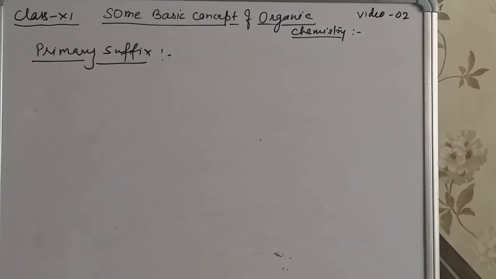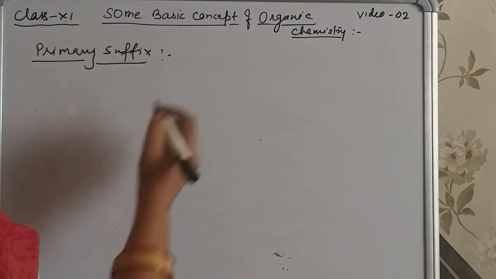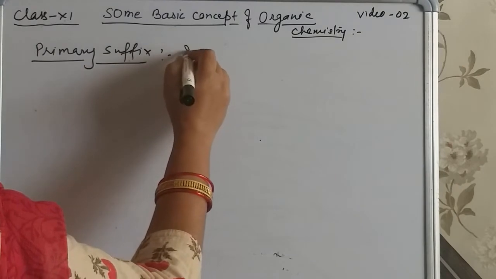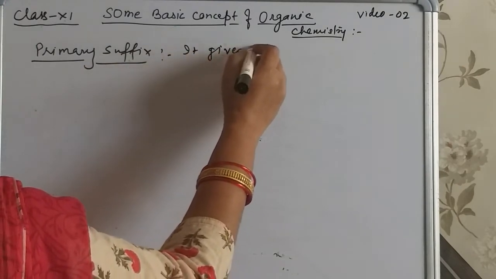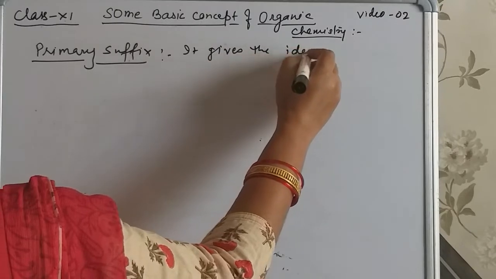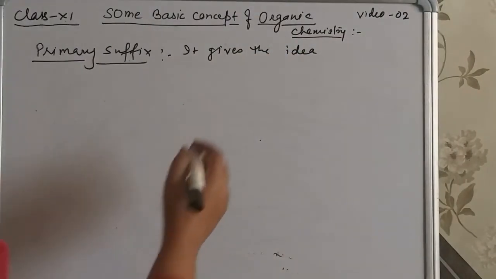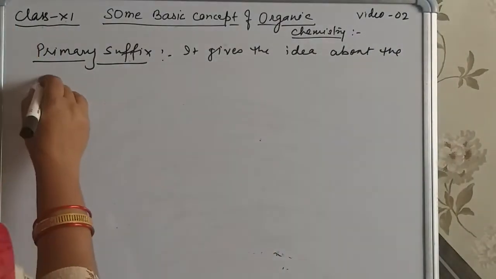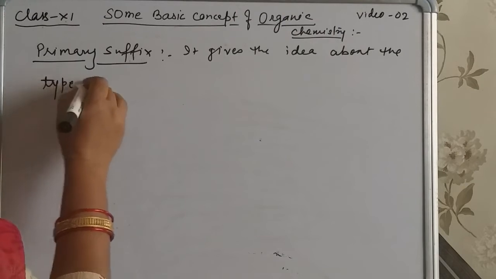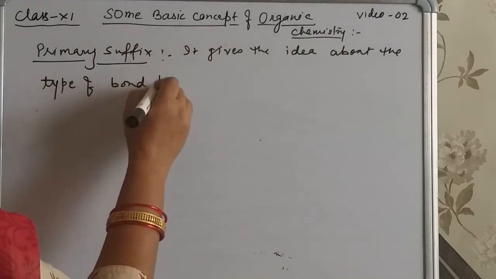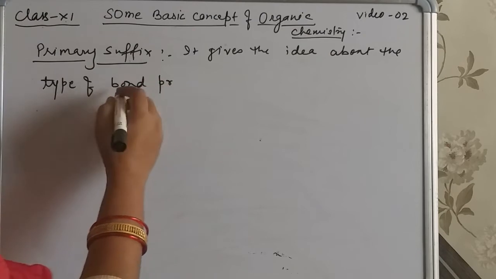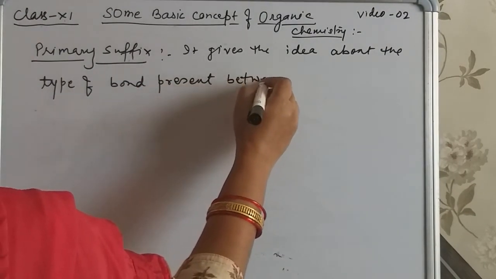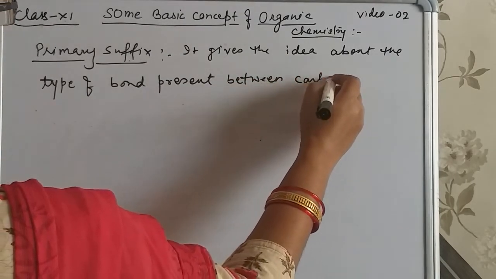These are the rules for writing the IUPAC name of an organic compound. So what is the primary suffix? It gives the idea about the type of bond present between carbon atoms.